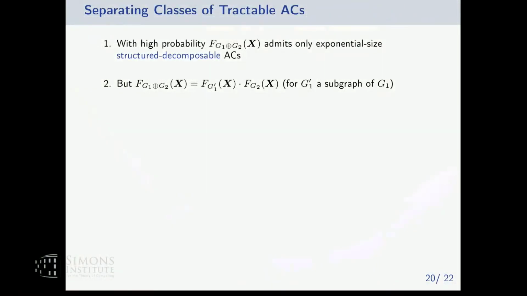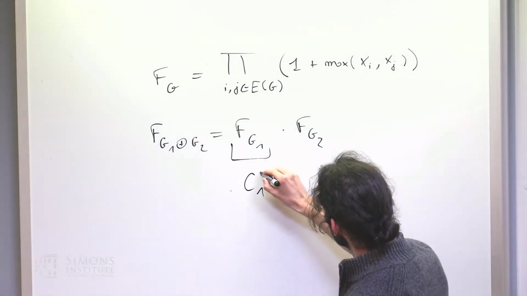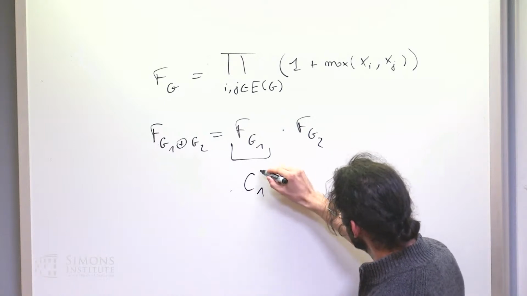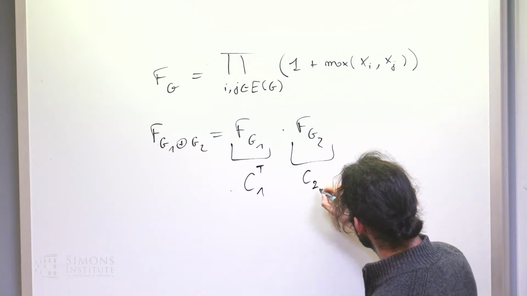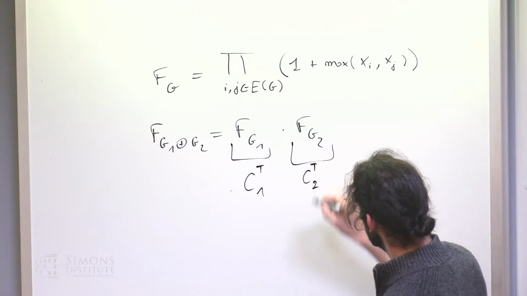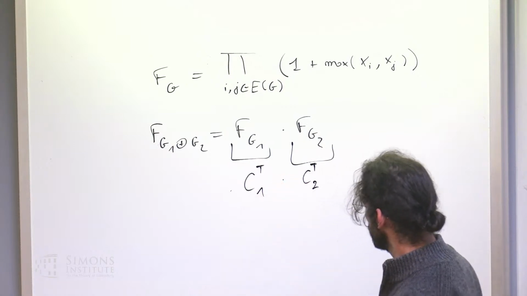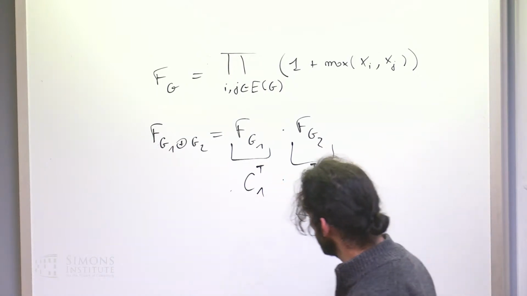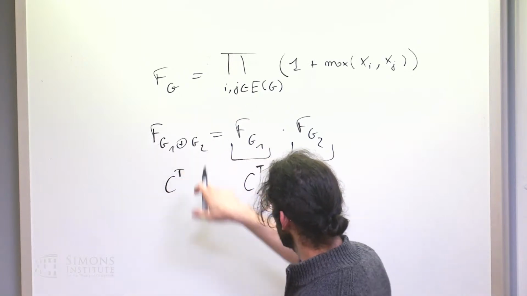Okay, so what does it mean? If you could represent that thing as a circuit that is structured by some V-tree, and that thing by a circuit structured by the same V-tree, well, they have the same V-tree, so I can take their product in quadratic time, and I will obtain something that is structured and that represents this function.